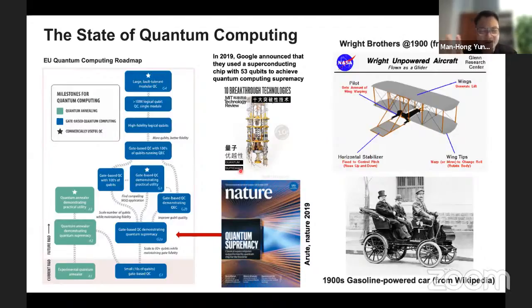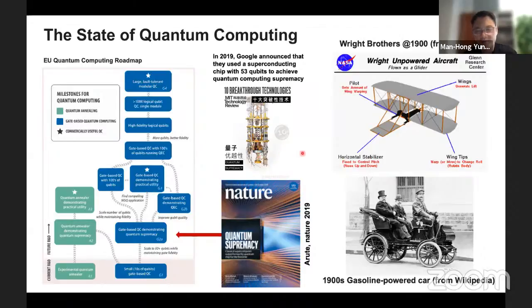People thought, maybe you can use it here and there, but I don't think that is practical. So far, we really want something that solves practical problems, and I think we have not reached that first step. According to the roadmap, we need a gate-based quantum computer demonstrating practical utility.